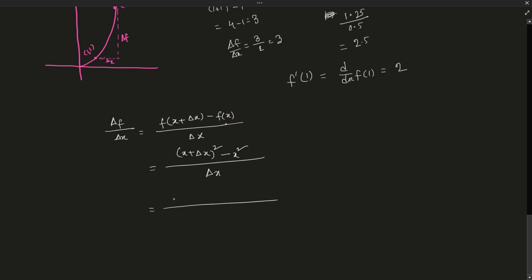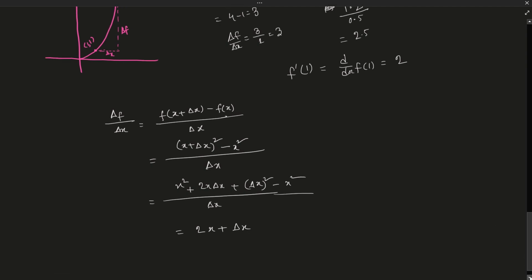Then let's expand this: x square plus 2x del x, plus del x whole square, minus x square, by del x. So after calculating, it will come as 2x plus del x.